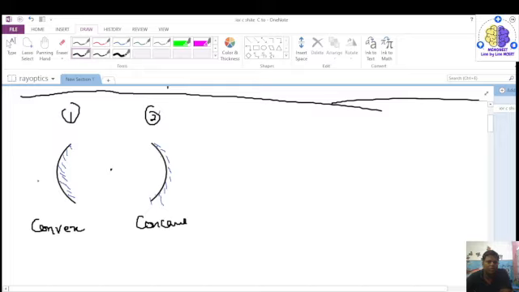So this is a convex mirror, and this second one is a concave mirror.